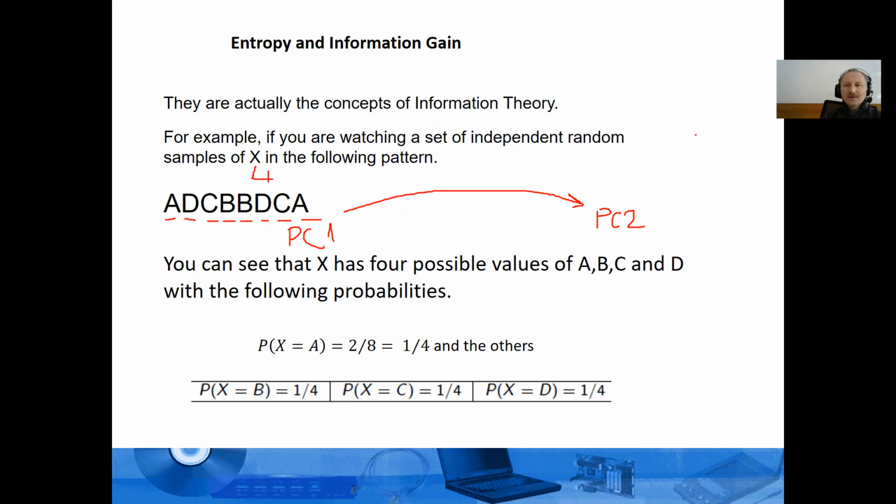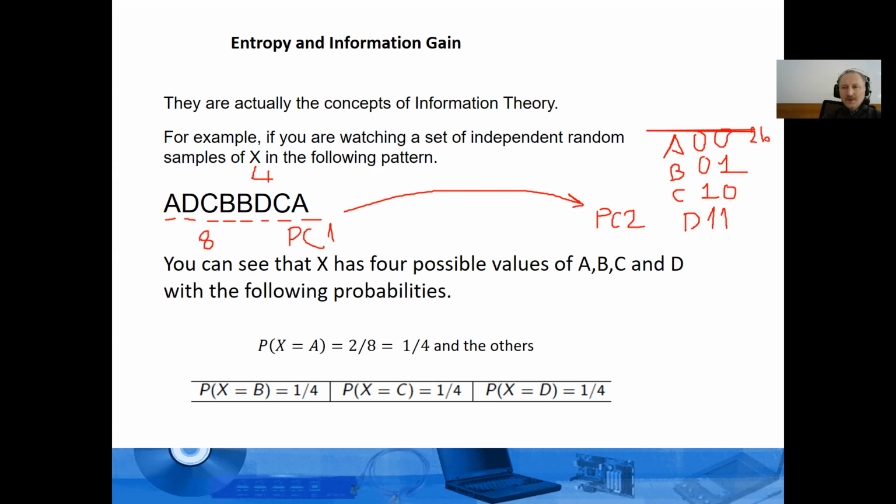That's why you can use this coding system: 00, 01, 10, 11. For example, you can say A is 00, B is 01, C is 10, D is 11. How many bits do you need? There are 8 symbols here, and all of them are 2 bits.